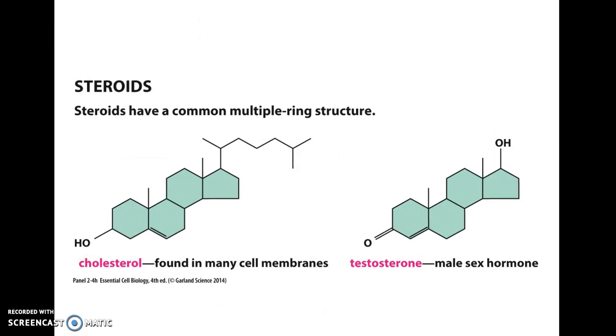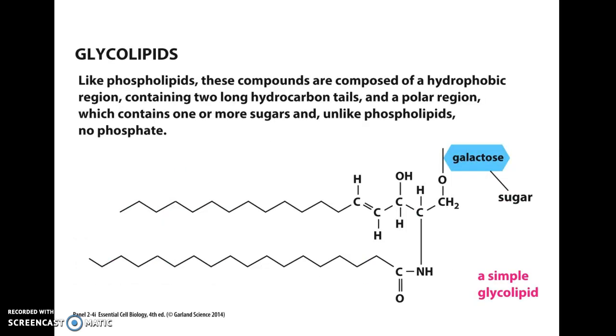Another kind of lipid is the steroids. The steroids are things like the cholesterols, which are used in your cell membranes for rigidity, and the steroid hormones like testosterone, estrogen, progesterone, and some of the stress hormones like the glucocorticoids.